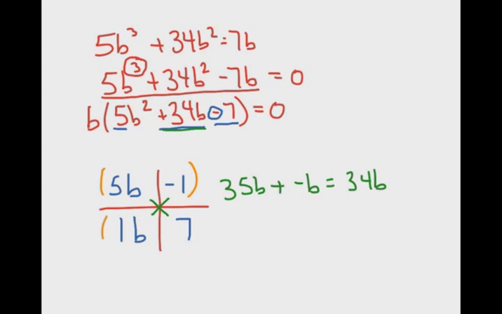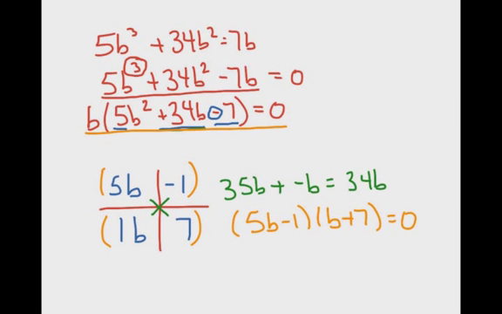So now let's factor these, put them into our parentheses. We have 5b minus 1 times b plus 7, and that all equals 0 because up here, right? And if we notice, we remember, we factored out this b, so to keep this equation equal to our original, we need to have our b out front.